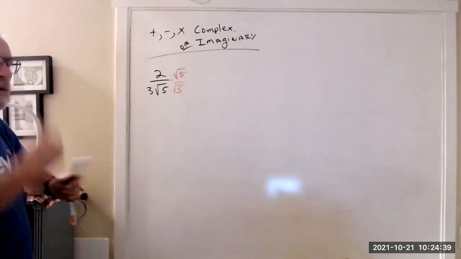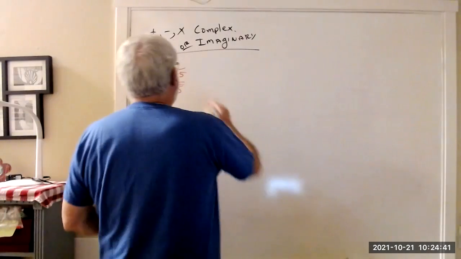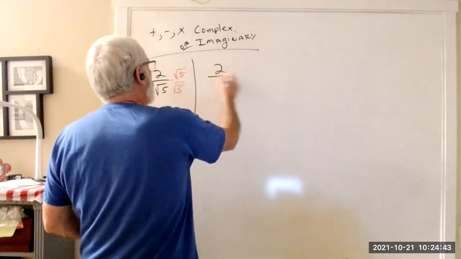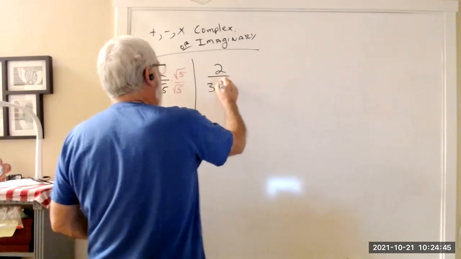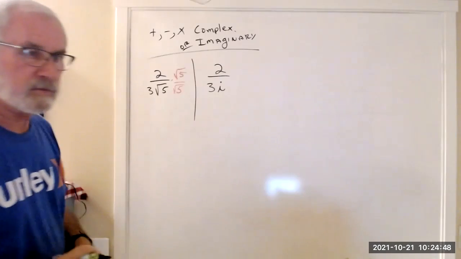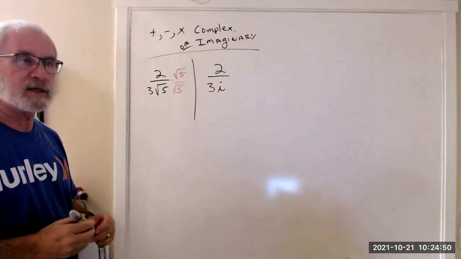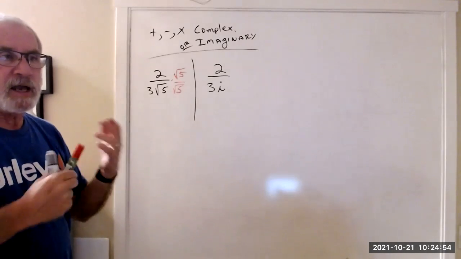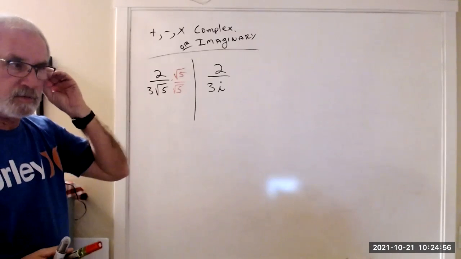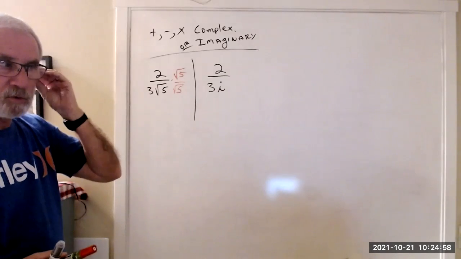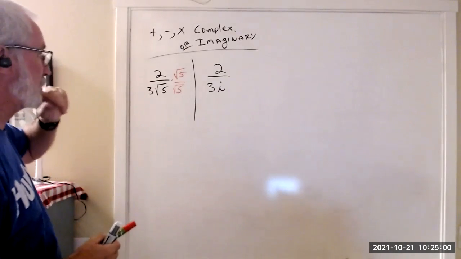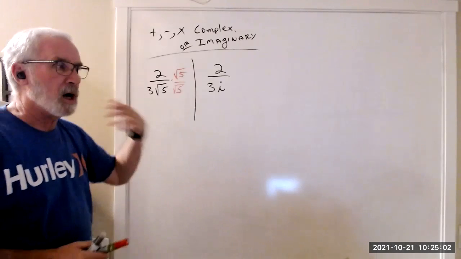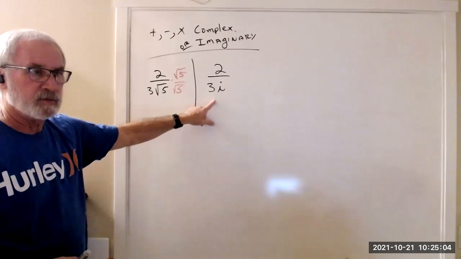Well, consider, what if I had 2 over 3i? What's wrong with that denominator? We don't want i in the denominator. That's the rule. So get that somewhere in your notes. We don't want i in the denominator.